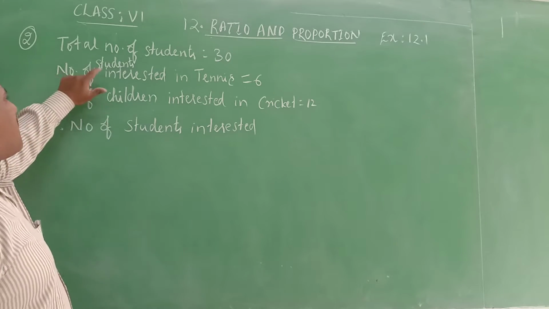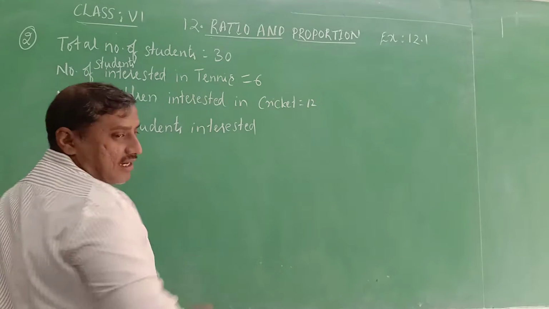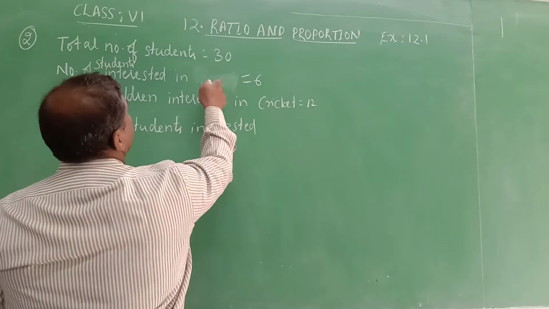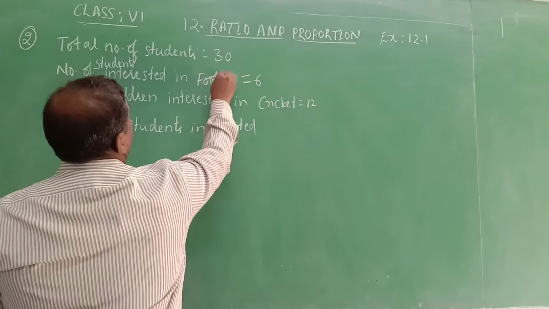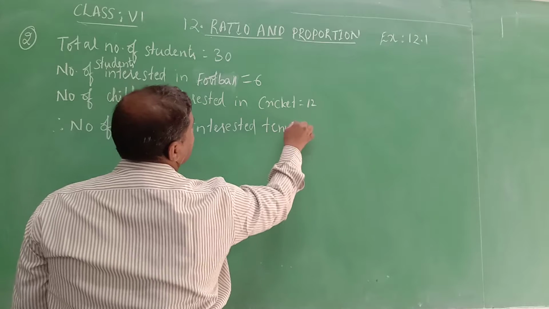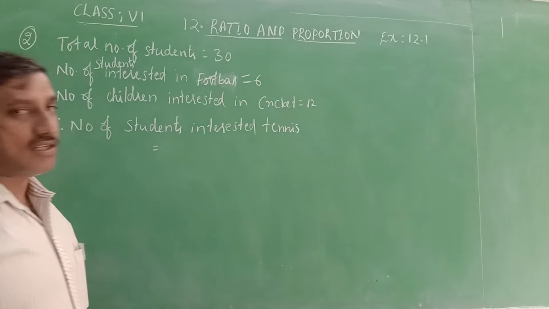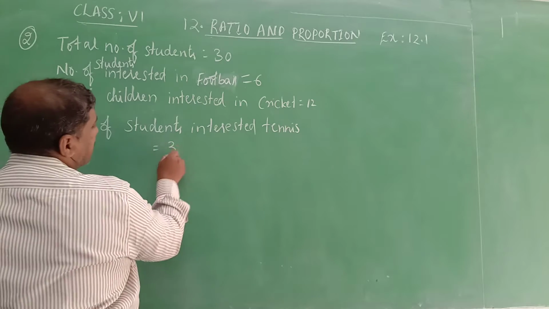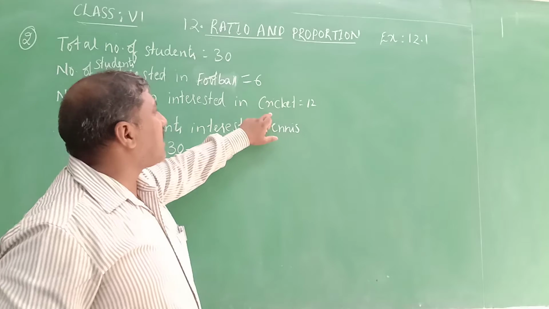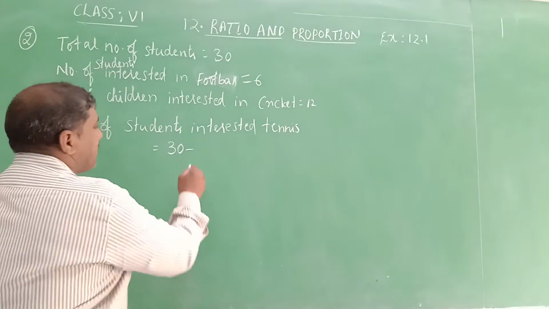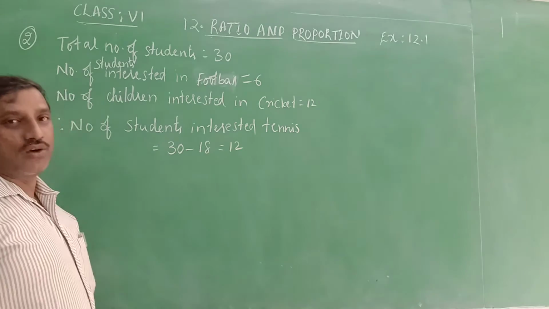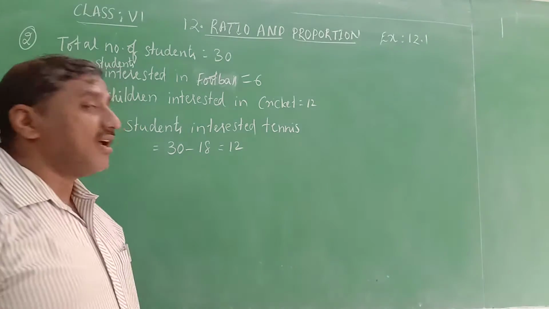That is, from the total strength 30 minus the students interested in football and cricket, that is 6 plus 12, which is 18. 30 minus 18 is 12. Now we know the number of students who are interested in tennis.